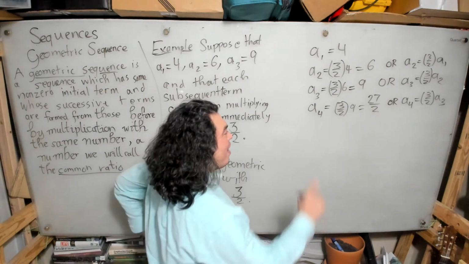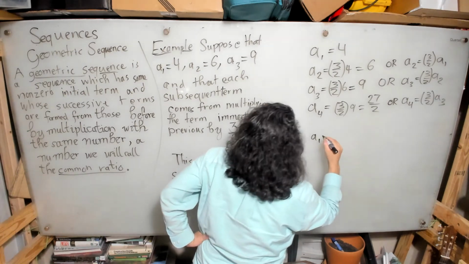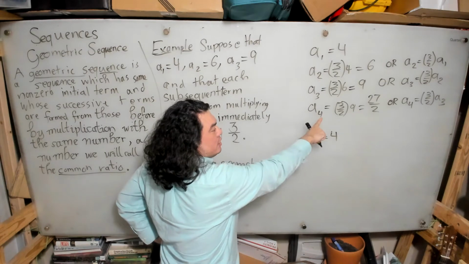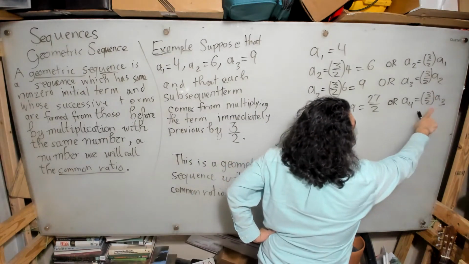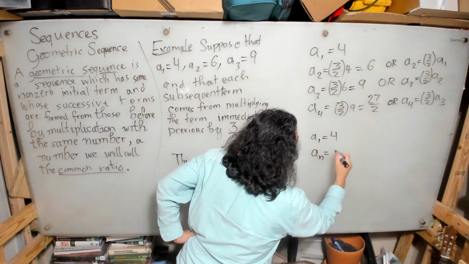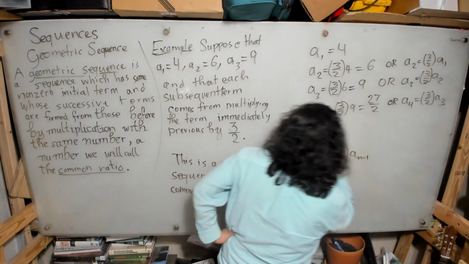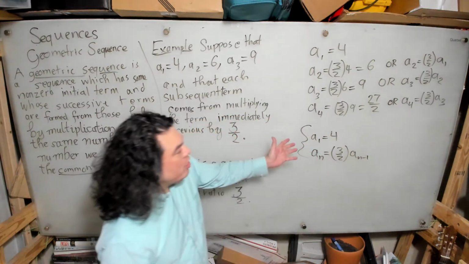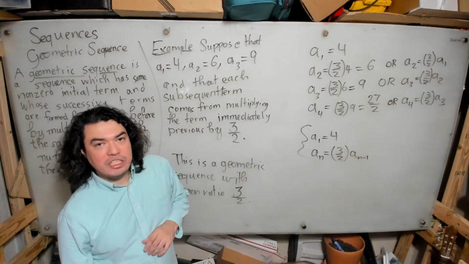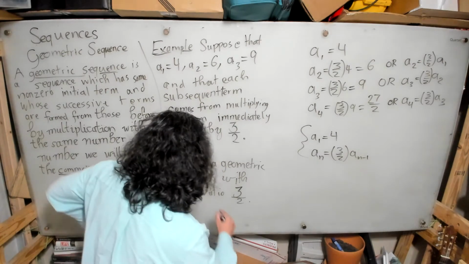The first term is A1, which is 4, and then the nth term of the sequence will be 3 halves times the n minus 1 term of the sequence. And so what we can observe here is the recurrence relation formulation of this sequence. Let me write that one down here.